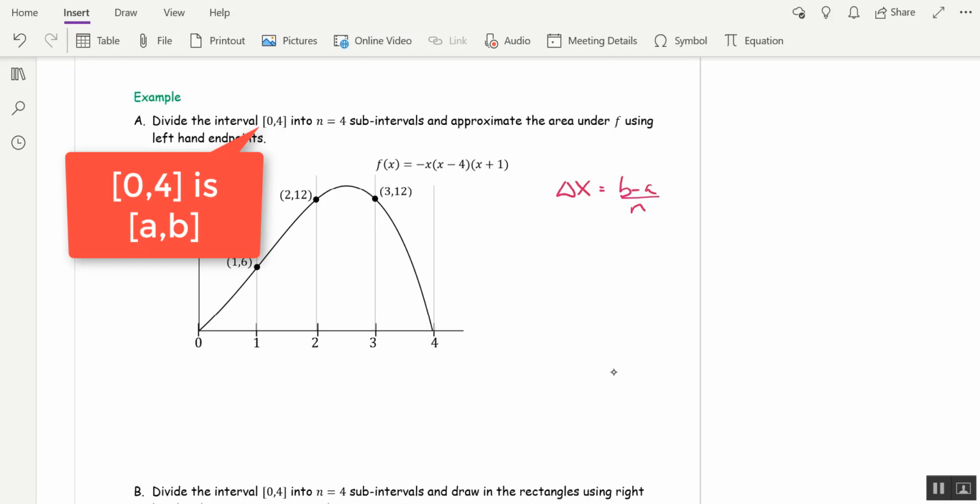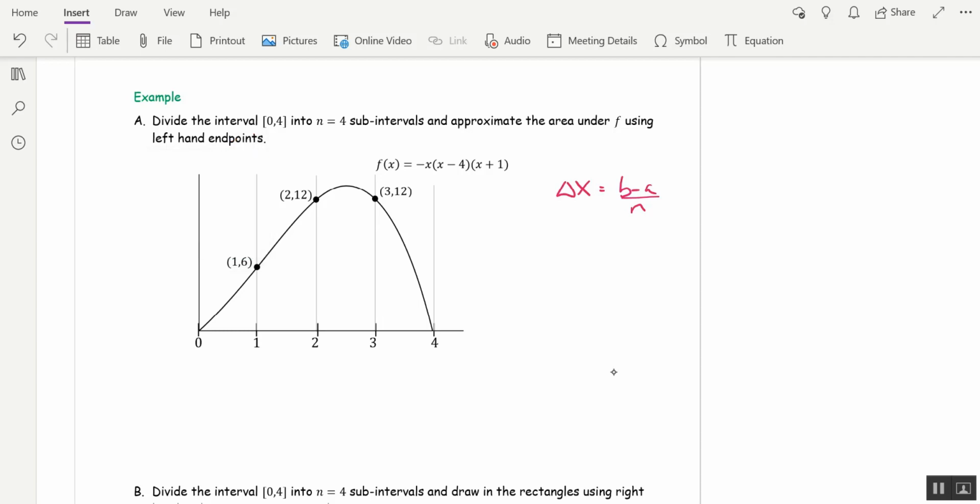Now, we don't really need a formula to figure out the width of each subinterval. If the whole thing goes from 0 to 4 and we want 4 subintervals, each one clearly has width 1, but let me just show you how that works. B is 4, A is 0, and we're going to divide by n, which is 4, so that's 1. So each of these subintervals has width 1.